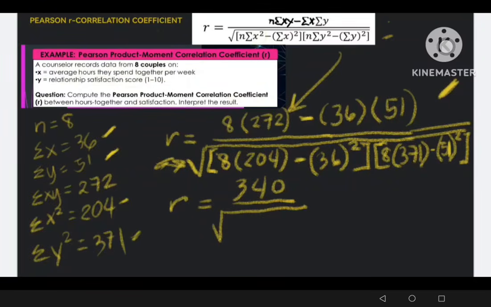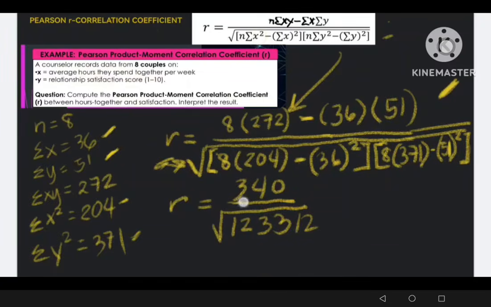Then open again, 8 times open parenthesis 371, close, and then subtraction, open parenthesis 51, close, squared, and don't forget the closing parenthesis. Equal sign; the square root is not included yet. The result, if you calculate it, is 123312.